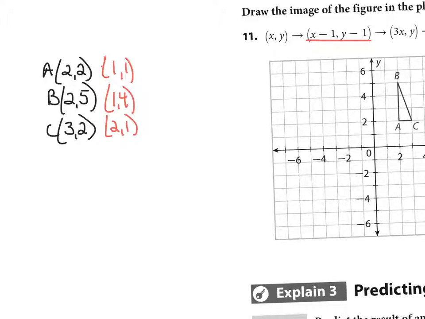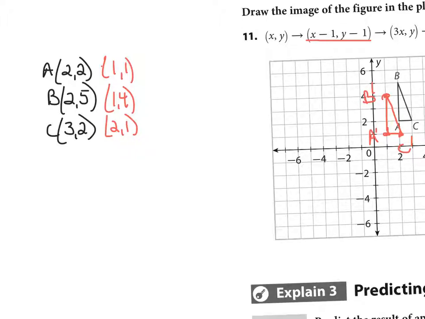And when I do that, my figure, let's see, I got A prime at 1, 1, B prime at 1, 4, and C prime is 2, 1. So that's a rigid motion. It moved, but it didn't change size.